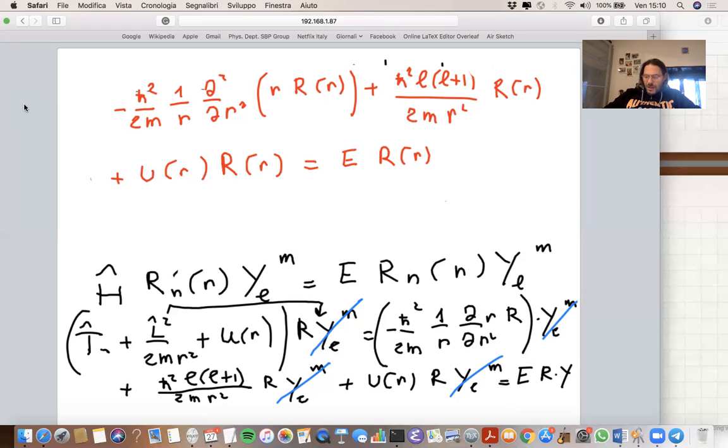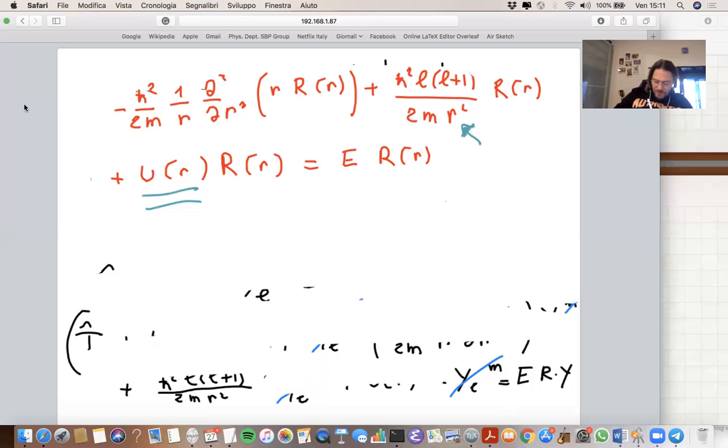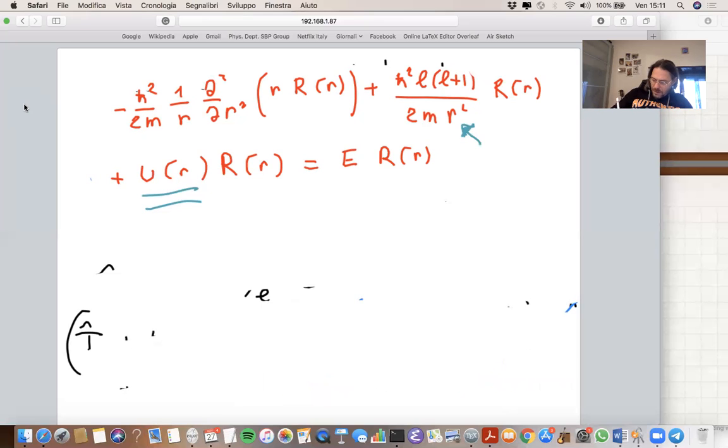Different angular momentum states reflect themselves by the presence of this effective potential, which is to be summed to a physical potential. So if you want, I can rewrite this equation in the following form.